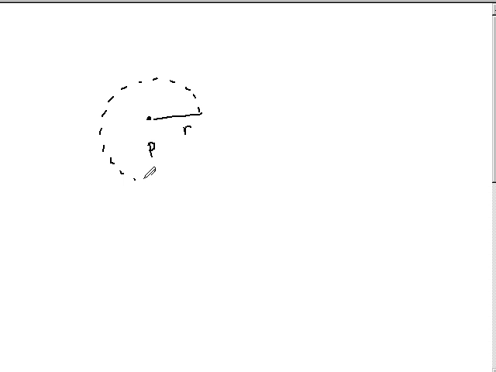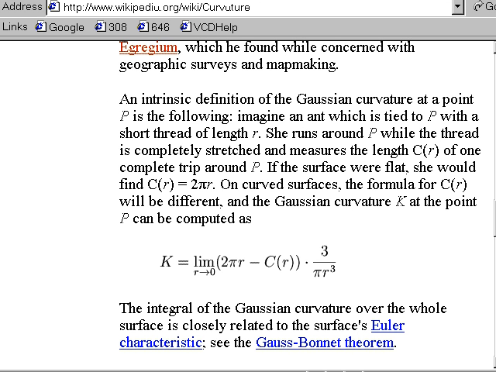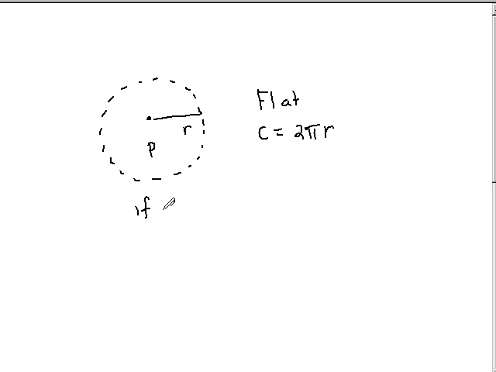So if the surface were flat, okay, so here you are at P, you have a length R, and you go around in a circle, you make one complete orbit, and if it's a flat surface, then obviously the circumference is 2 pi r.